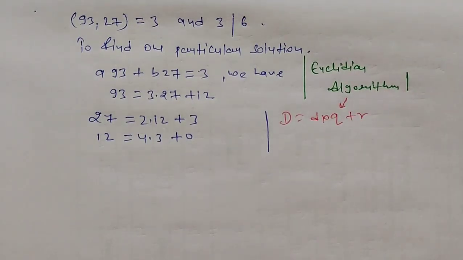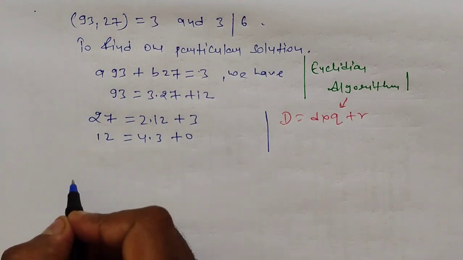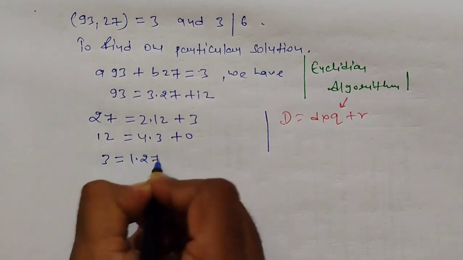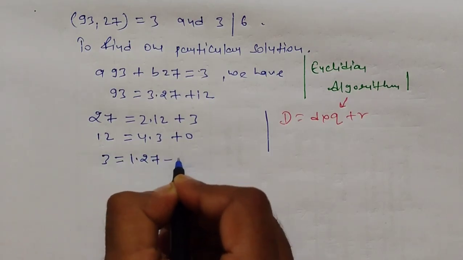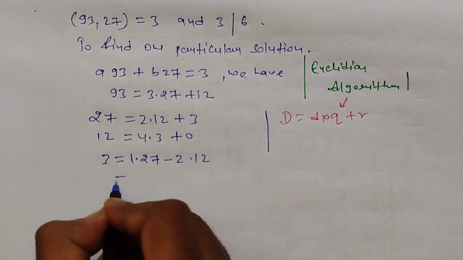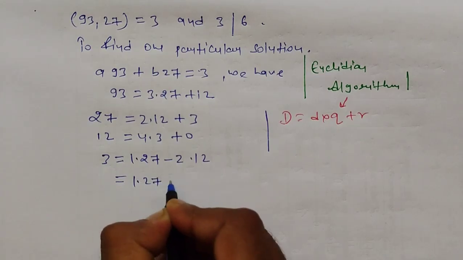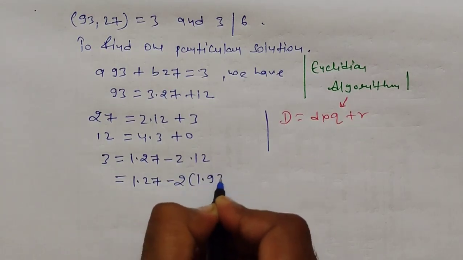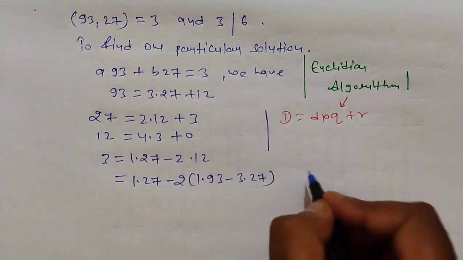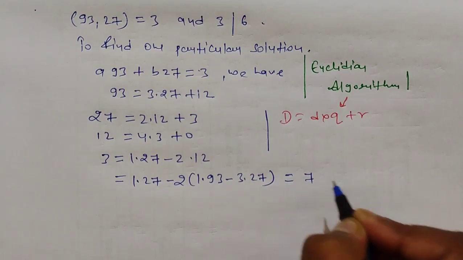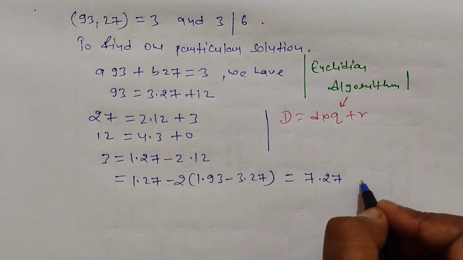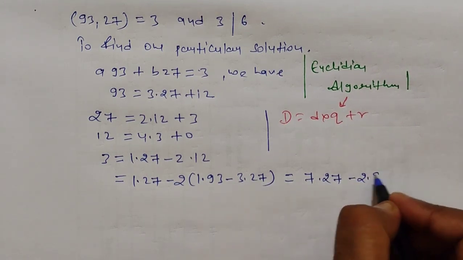So now we have 3 is equal to 1 into 27 minus 2 into 12, and this is equal to 1 into 27 minus 2 into (93 minus 3 into 27), and this is basically equal to 7 into 27 minus 2 into 93.